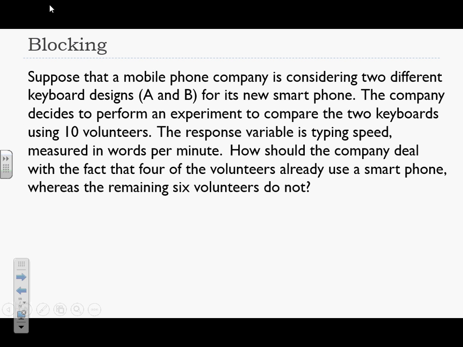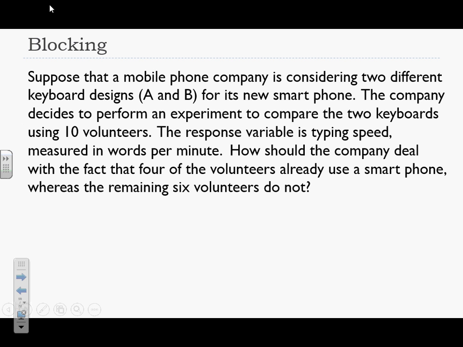Now within each of those groups, what am I going to do from there? What am I going to do with my 4 smartphone users? Randomize them into keyboard A and keyboard B. And what am I going to do with my non-smartphone users? Same thing. I'm going to randomize them into keyboard A and keyboard B.